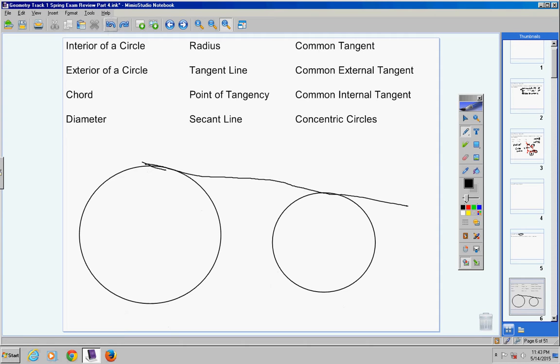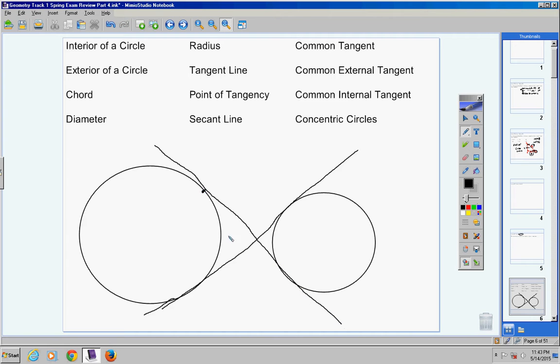Now, common internal tangents would be like this. If I had a common tangent drawn like that, and a common tangent, and my lines aren't very good, you guys know that, but if I had a common tangent, just pretend they're touching, okay, you get the point. There.